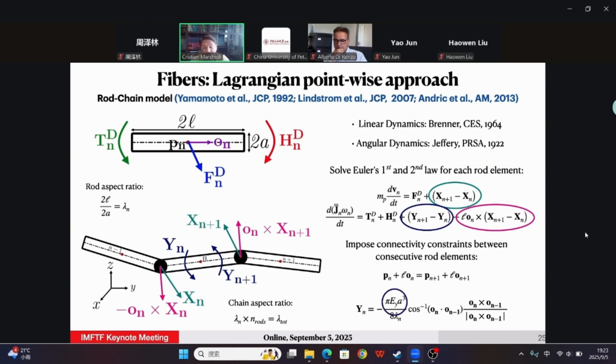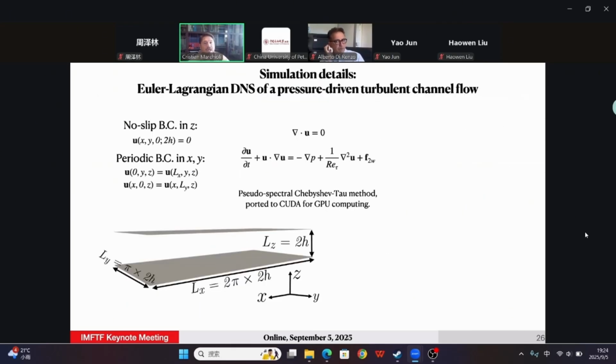And this is the expression of the bending stiffness torque, which depends on the Young's modulus, EY. So this is what represents the actual material properties of the fibers. And again, lambda is the aspect ratio, so you can define the aspect ratio from the single rod, but also for the full chain of rods, so the fiber.